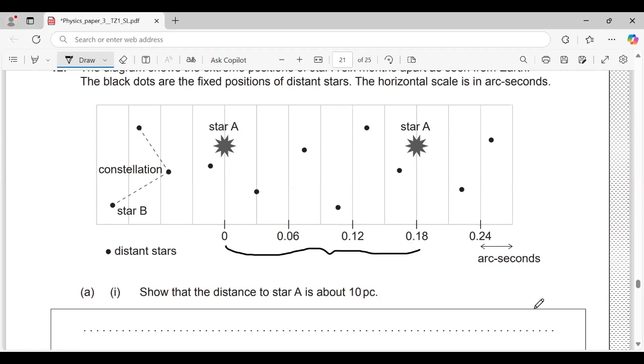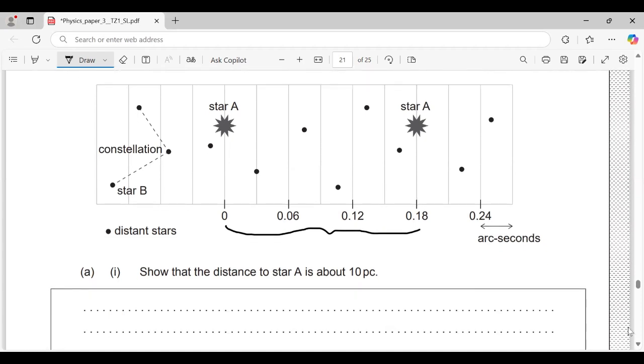So we can write that p, the parallax angle, is 0.18 over 2, right? So it equals 0.09 arc second, right?